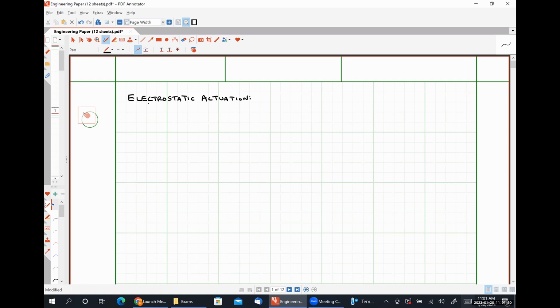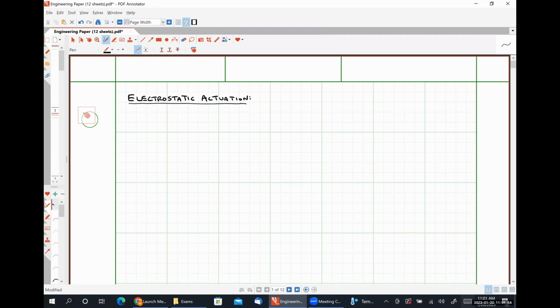Electrostatic actuation is a way to induce motion in a microstructure by utilizing the attractive forces that occur whenever you have a separation of positive and negative charge.